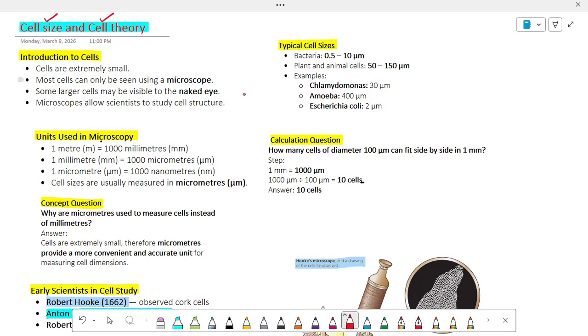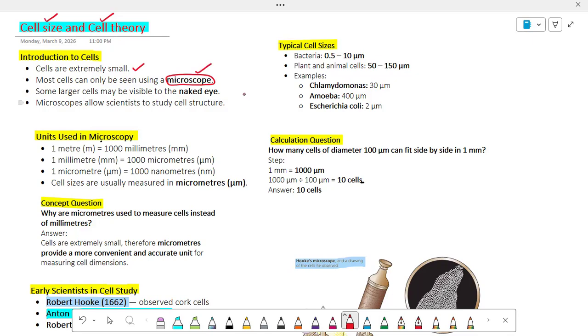So the first point is cells are extremely small. Cells are so small that we have to use different types of microscopes to observe them. If we want to study the cells and their structures, their organelles, we need some type of instrument to observe it. So this instrument is actually a microscope.